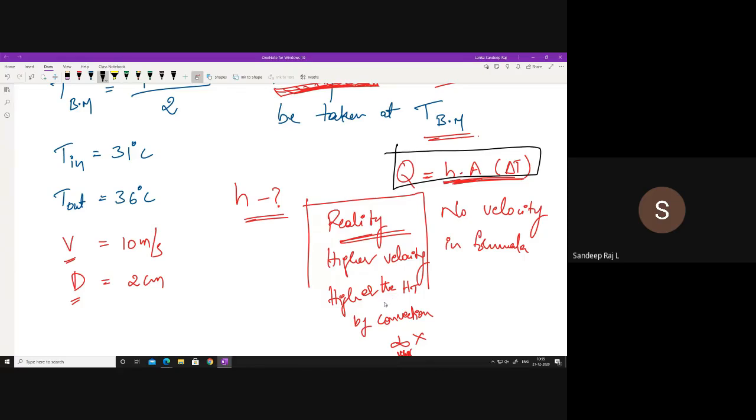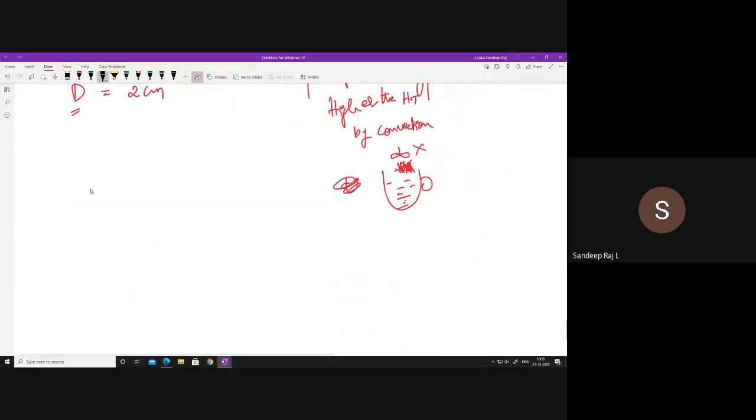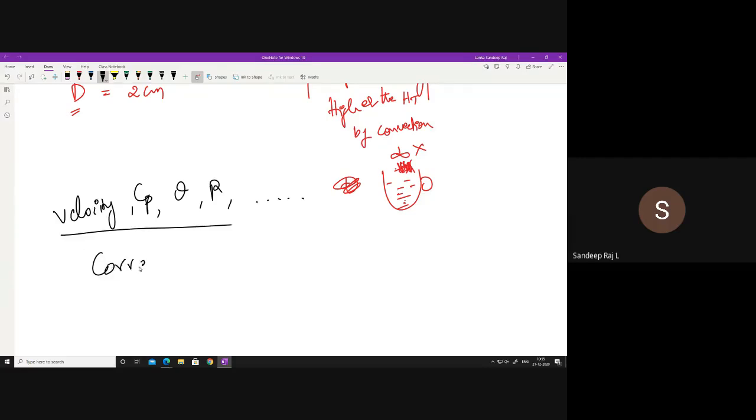So is this a correct formula? Yes, it is a correct formula, but the velocity is taken care of in the H itself. To take care of the H, using various parameters like velocity, Cp, density, viscosity, and so on, so many properties will influence the H. To take care of that, there will be something called a correlation here.